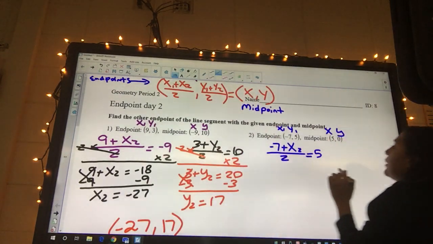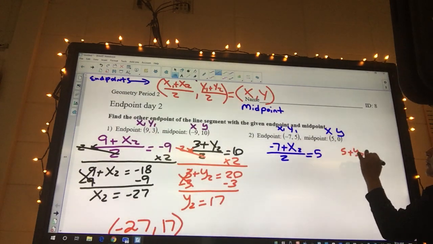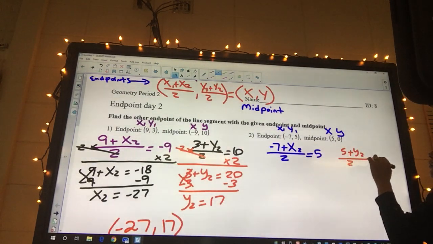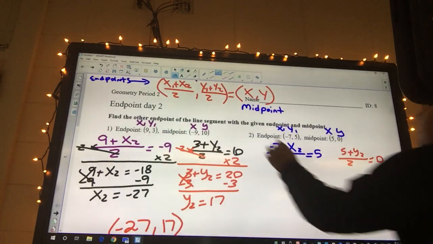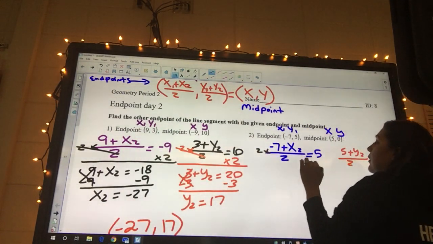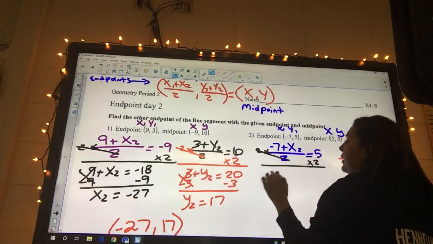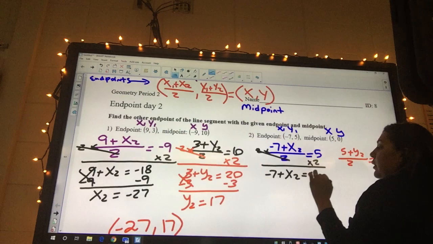And then the other one's going to look like 5 plus y sub 2 over 2 equals 0. We're going to multiply both sides by 2. So my 2's cancel, and I got negative 7 plus x sub 2 equals 10.